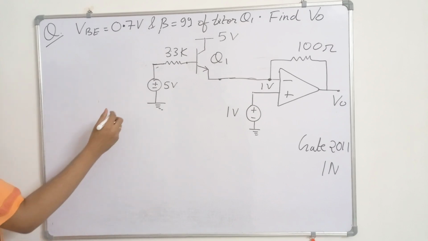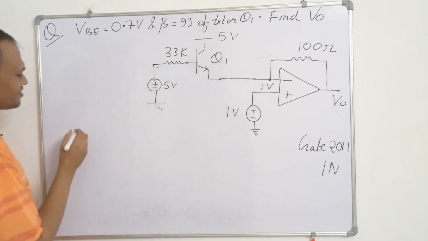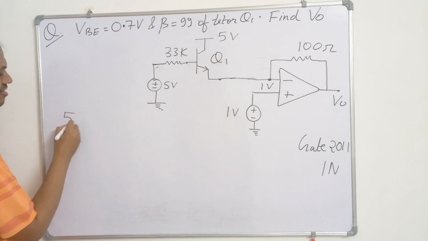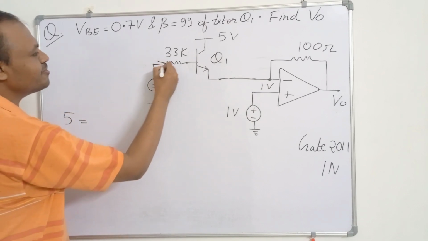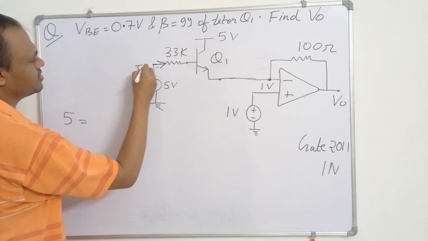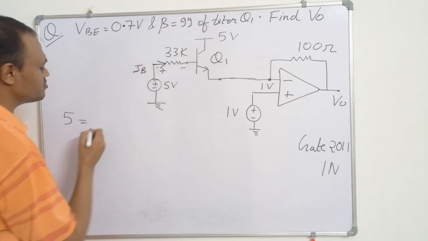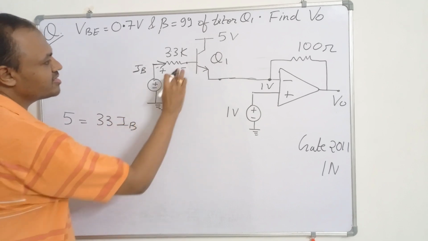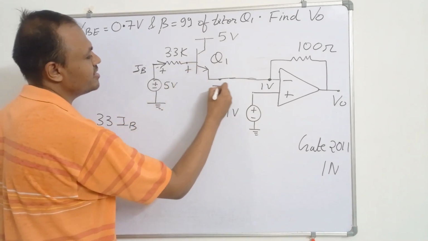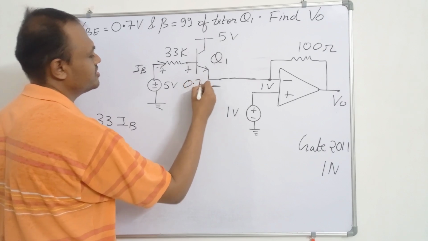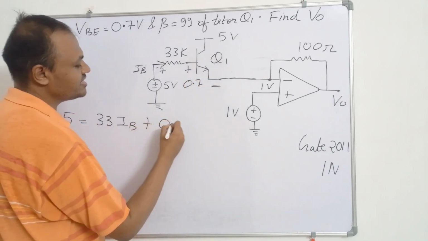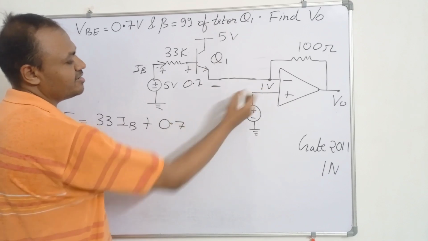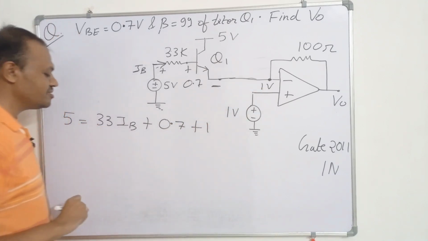So if we apply KVL from here to this 1 volt, then we get 5 equal to 33 IB, plus this voltage VBE 0.7 volt, plus this 1 volt.